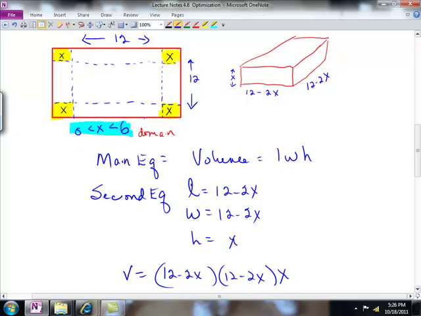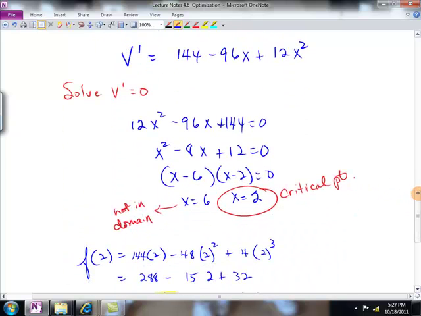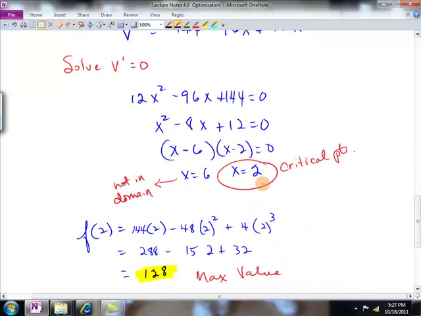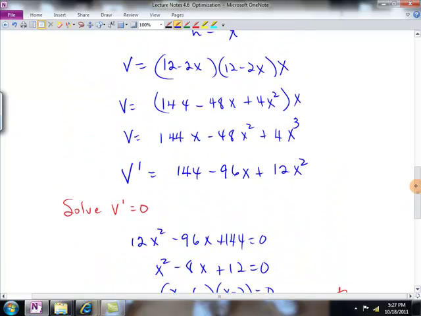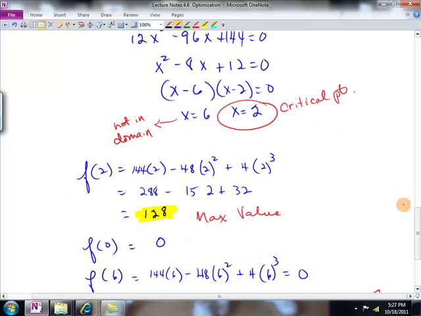So we can discard it, and we can assume that x equals 2 is our critical point. And V of 2, when we plug that into the original, 144x minus 48x squared and so on.